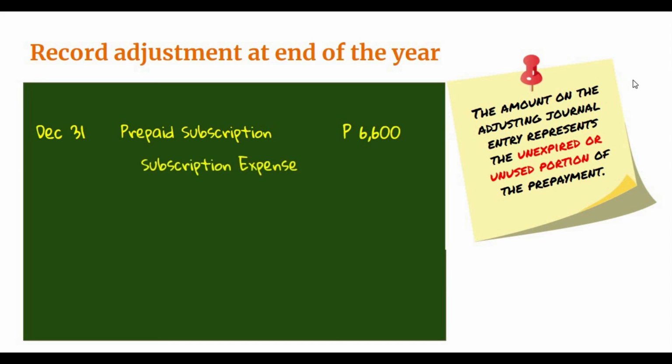And the subscription expense will decrease by 6,600, leaving it with a 600 balance. So this is to record the adjustment of subscription.